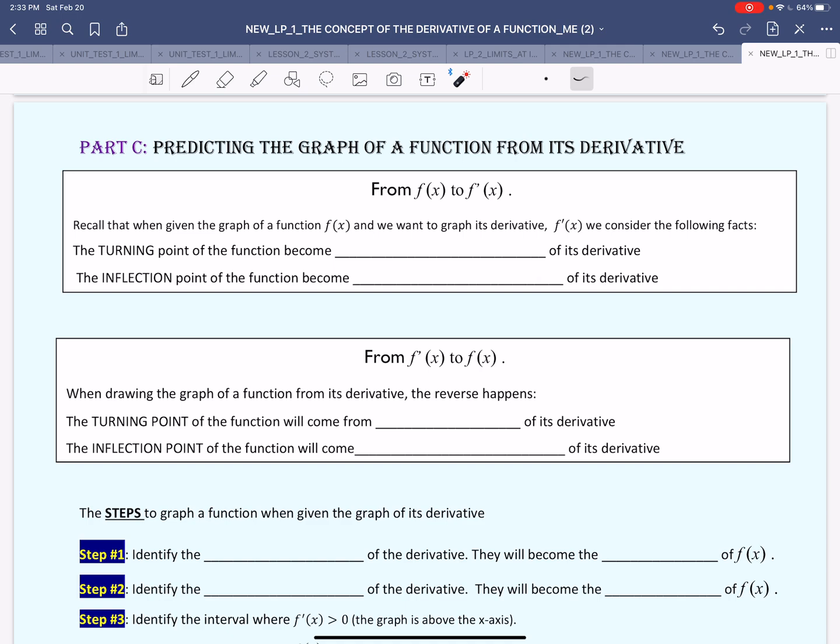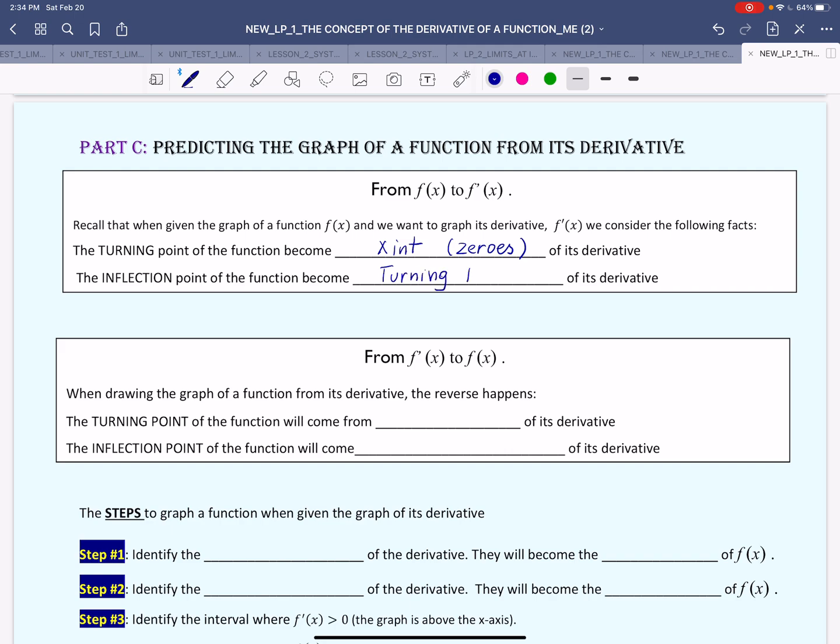perform this task. So when we are going from f of x to f prime of x, remember that the turning points of the function became the x-intercepts of the derivatives, or the zeros of the derivatives. I'm not saying anything new. It's a review of what we just did in the first pages of the lesson. The inflection points turned into turning points of the derivatives.